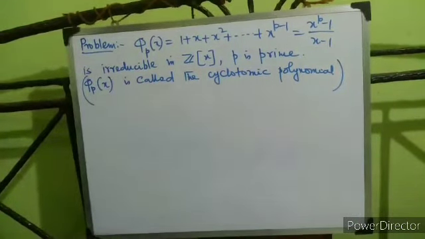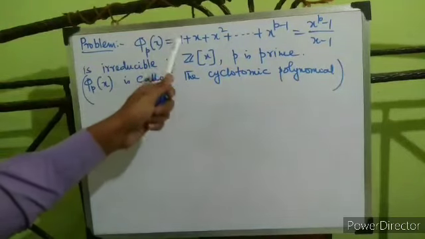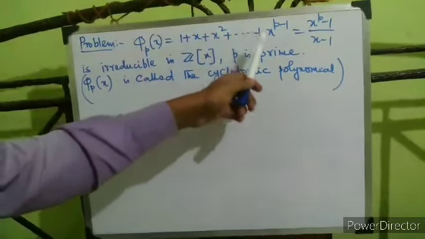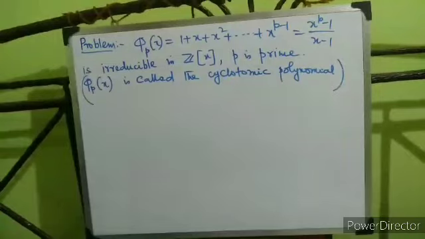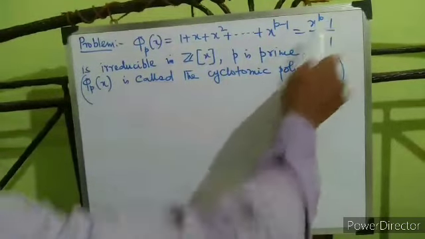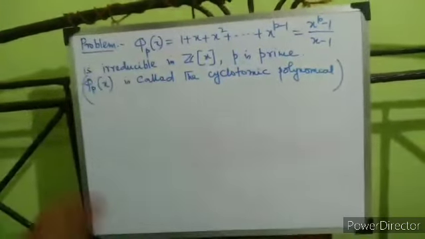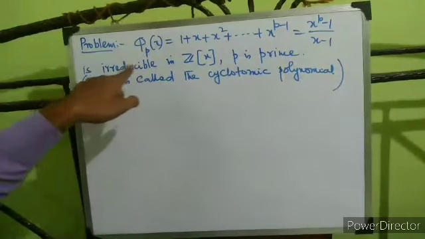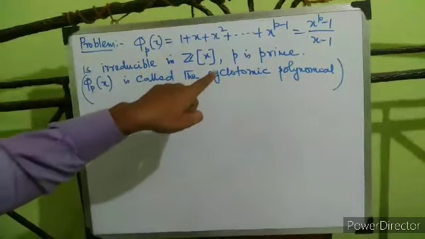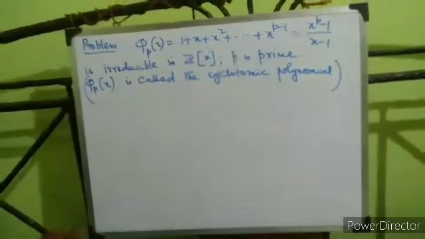Problem: phi_p(x) equals 1 plus x plus x square plus ... plus x to the power p minus 1, which equals x to the power p minus 1 by x minus 1, is irreducible in Z[x], where p is prime.